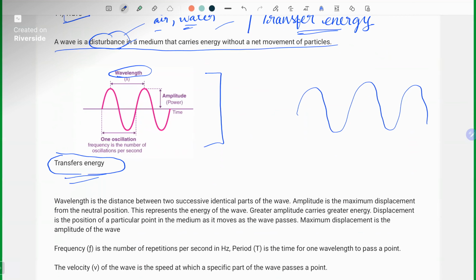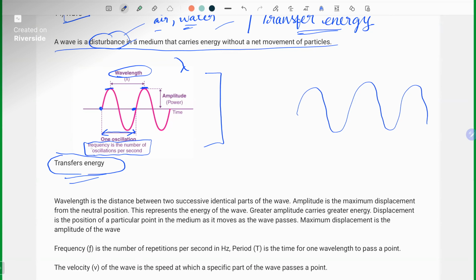Wavelength, which they denote as lambda, is the distance taken to reach from one high point to the next high point. That is wavelength. And this is one oscillation, from this point of the wave to this point of the wave. The number of oscillations per second, rate of oscillation per second, that is frequency.